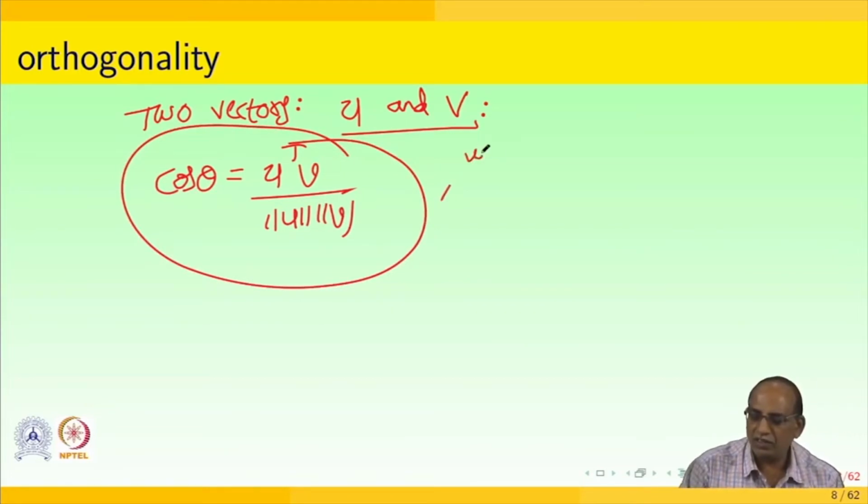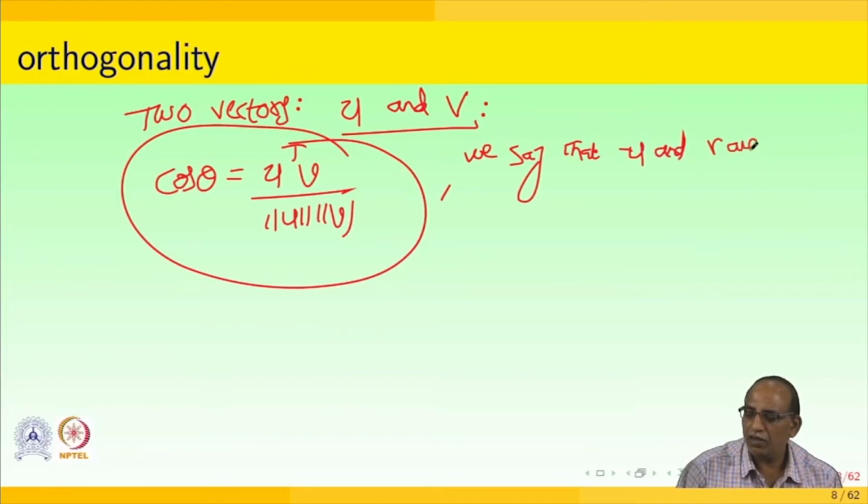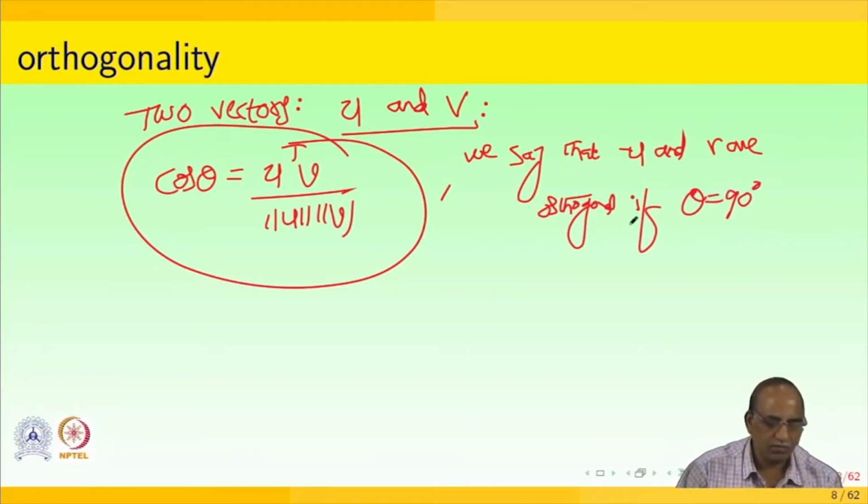So we say that u and v are orthogonal if theta happens to be 90 degrees.